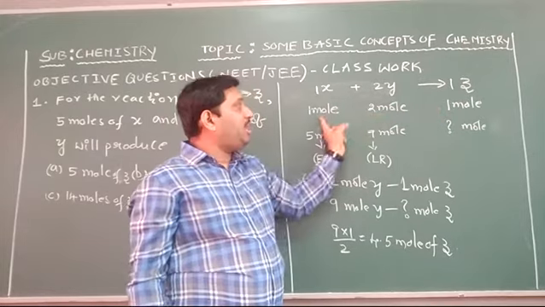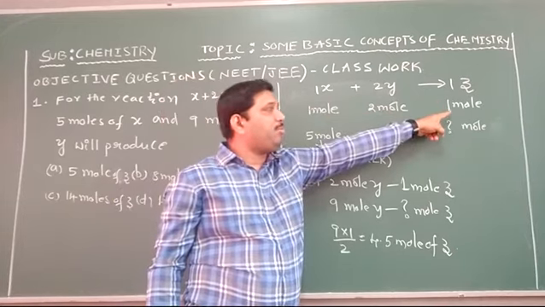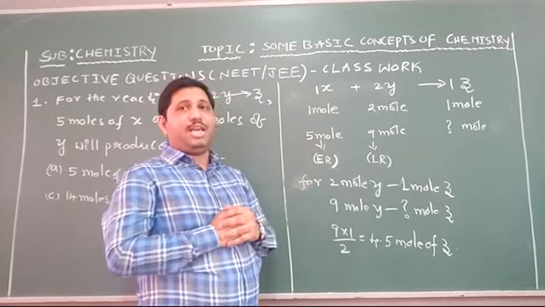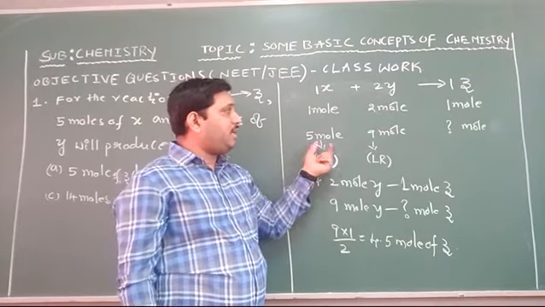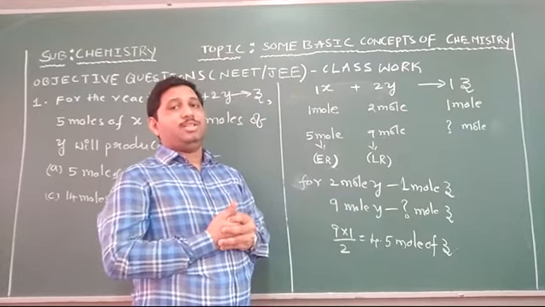If they are present in 1:2 ratio, the moles of x equal the moles of z. No problem. But here, 5 moles of x react with 9 moles of y. How many moles of z are formed?